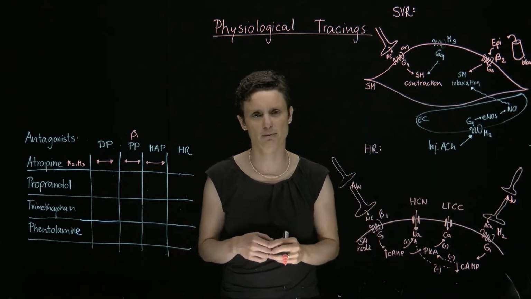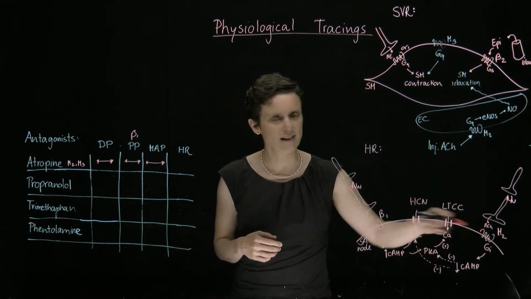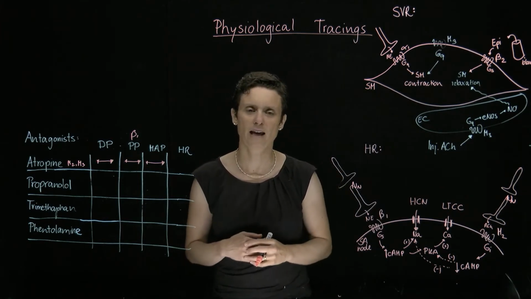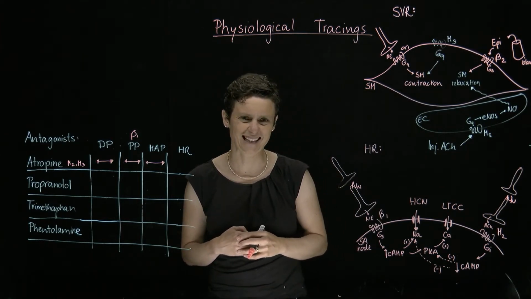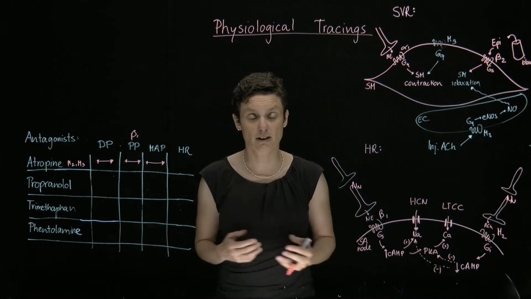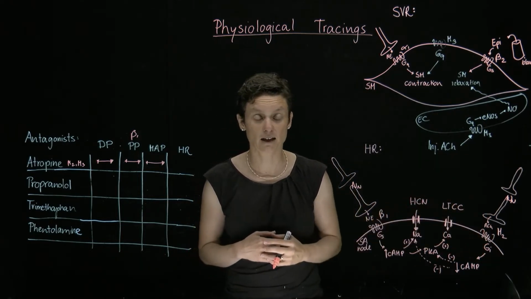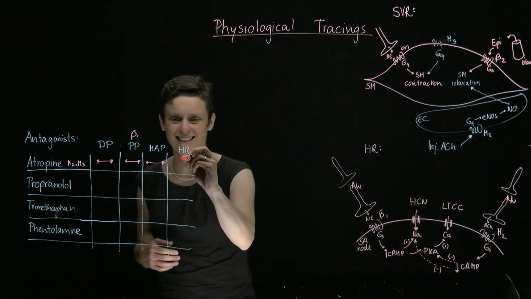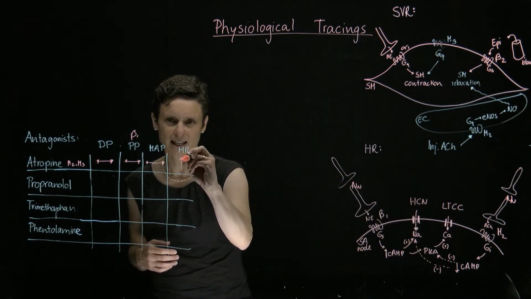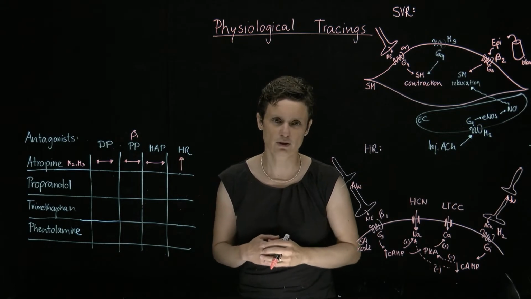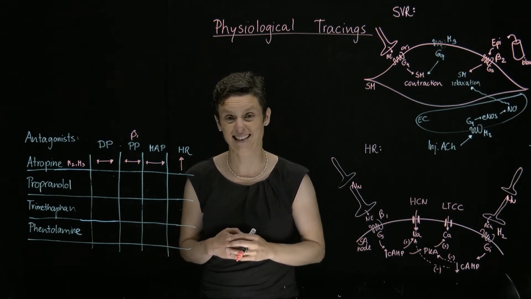Here we have parasympathetic outflow releasing acetylcholine. And in fact, on the SA node, the parasympathetic outflow is actually the dominant tone. So parasympathetic would mediate bradycardia, and if we block it, we're going to get tachycardia. And in fact, atropine is actually a drug that is used for the treatment of bradycardias.